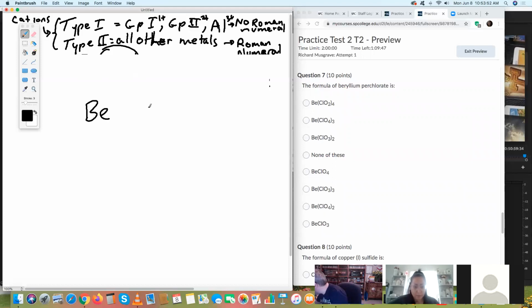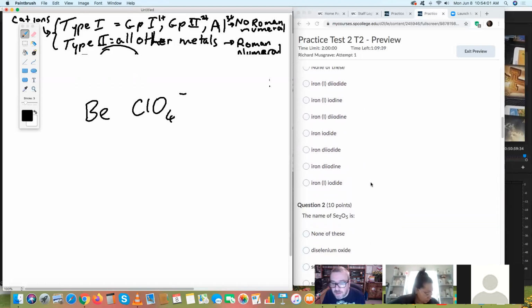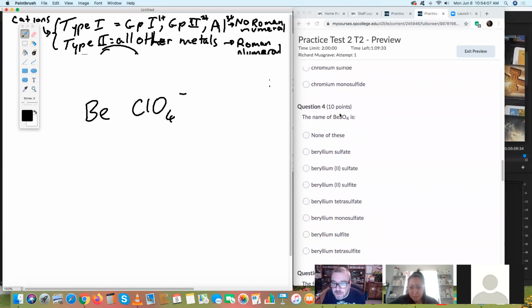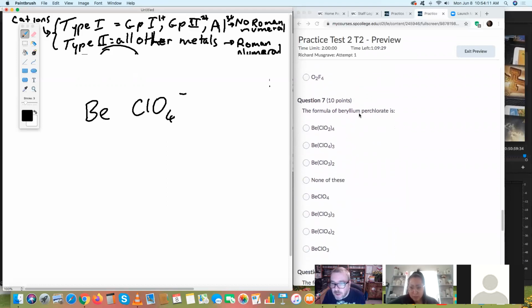So it's Be and then ClO4 minus, but we need to know what the charge on Be is. So I go back up. In the name, notice how there's no Roman numeral? This is really important. What's that tell you? You say, well, there's two options here.